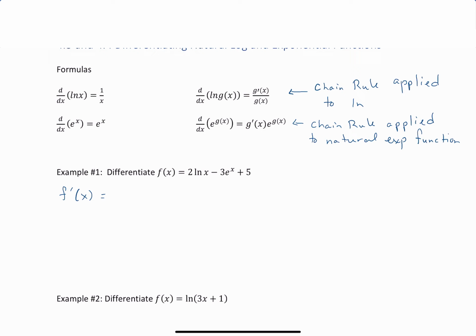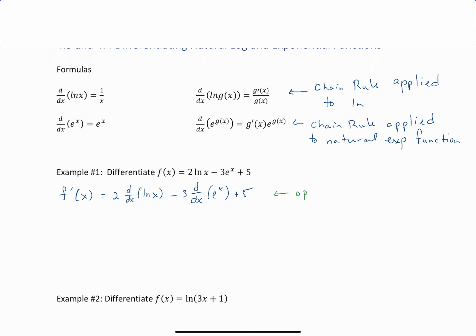So remember that constant coefficients just come along for the ride. So when I'm differentiating 2 ln of x, it's like 2 times the derivative of ln of x. And similarly, when I have 3e to the x, I'm going to have 3 times the derivative of e to the x plus 5. And again, you don't have to write this.